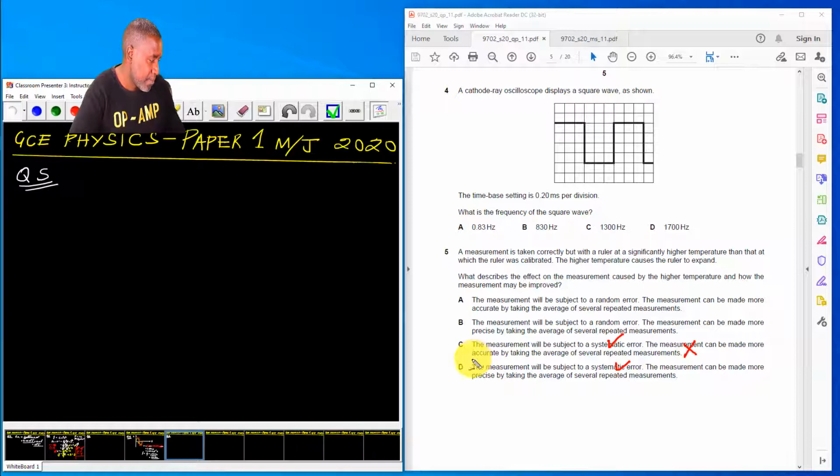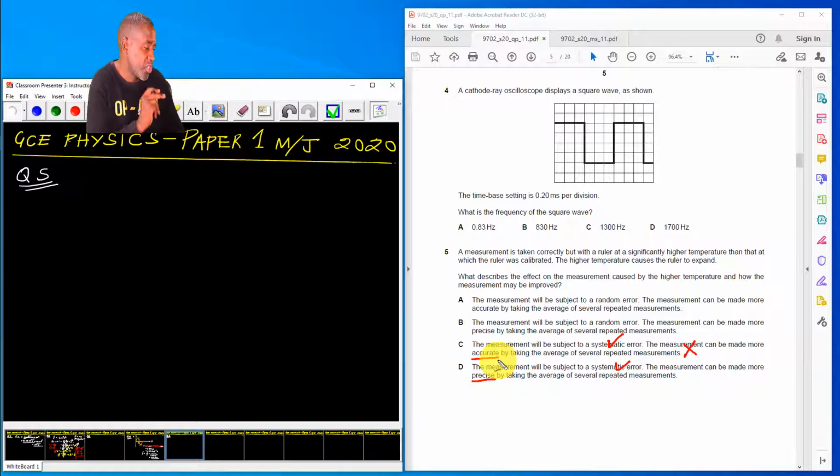Accuracy and precision. Accuracy is how close a reading is to the actual value. The difference between the measured value and the actual magnitude is usually very small for accurate measurements.